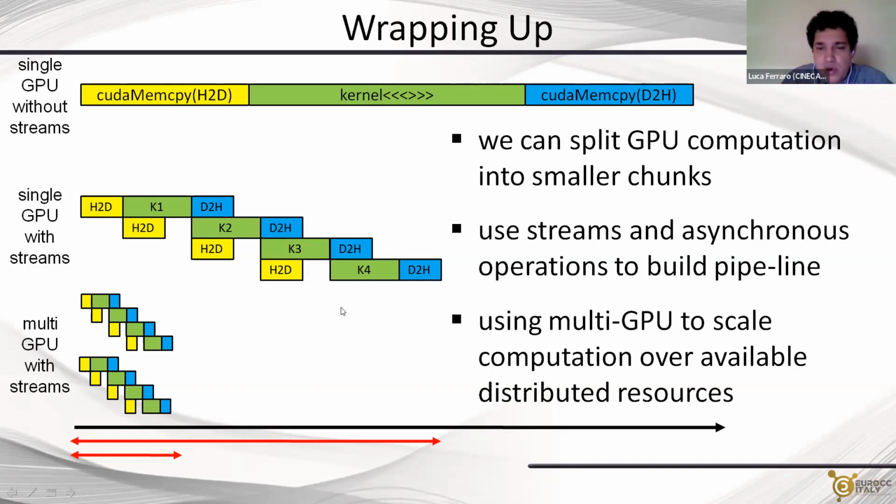And if you also have the benefit of a compute node with several GPUs, we can apply the same pipelining to multi-GPU, reducing the amount of work that each GPU should work with, and reducing again the amount of time in which your original computation can be completed.